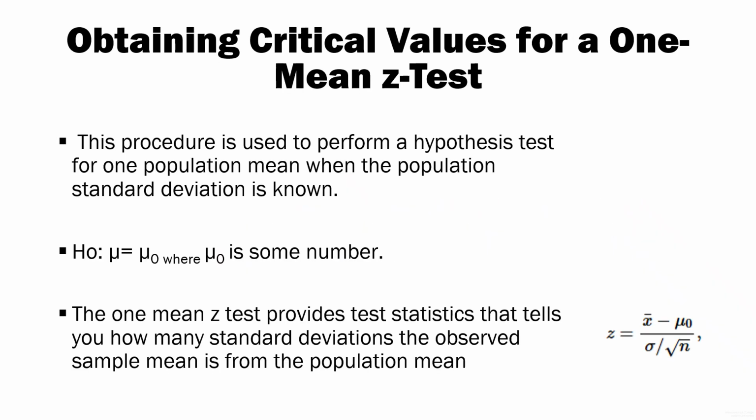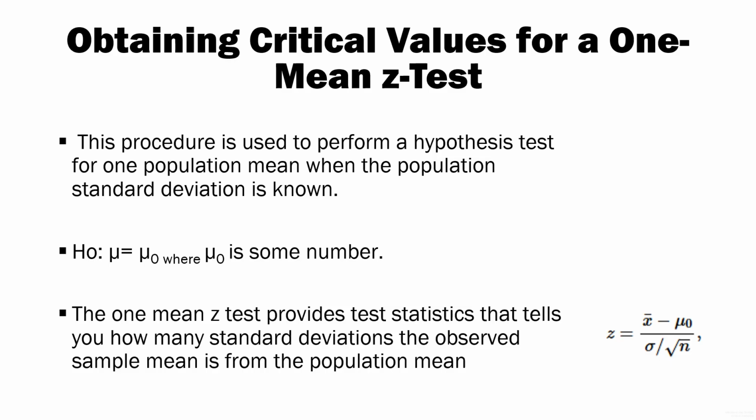Obtaining critical values for a one-mean z-test. This procedure is used to perform a hypothesis test for one population mean when the population standard deviation is known. And this is the first hypothesis test that we're going to look at. You've already done the confidence interval procedure for this, and now we're moving into the hypothesis testing procedure so that we can obtain those critical values.